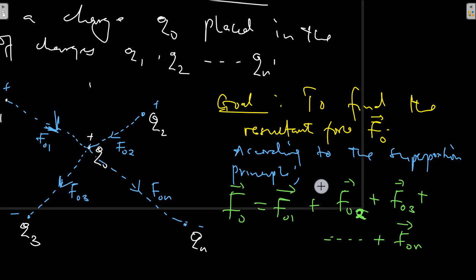Notice that I'm using the vector form of force, so I don't have to worry about the direction; everything will be taken care of. In the next section, we'll look at several numerical examples in 1 dimension and 2 dimensions of how to apply the superposition theorem to find the resultant force on a charge due to a system of many charges.